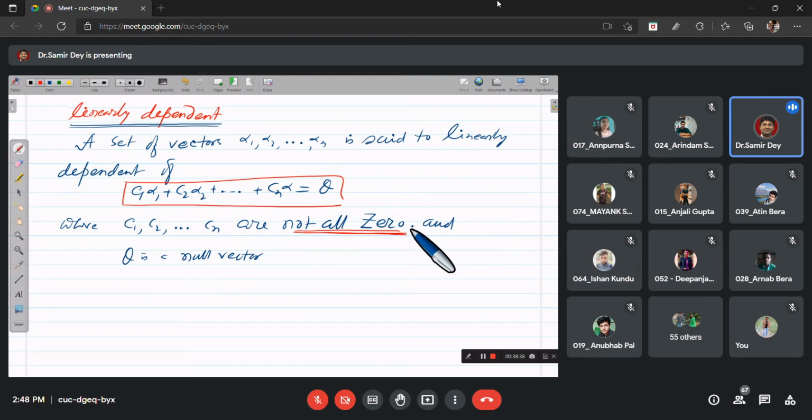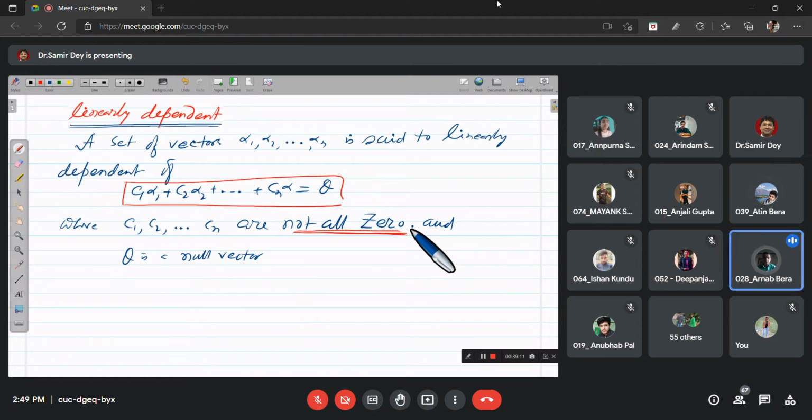So this is the basic difference in the definition. If it is linearly independent, all constants must be equal to 0. But if it is dependent, at least one or maybe at least two may be non-zero. The difference is clear. The definition part is clear to all of you, linearly independent and dependent.